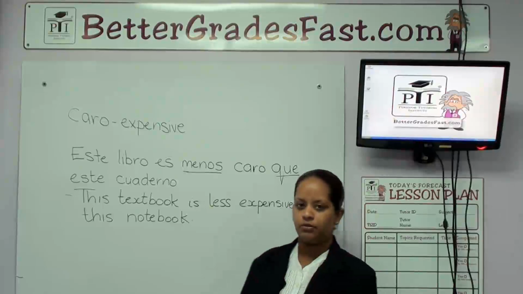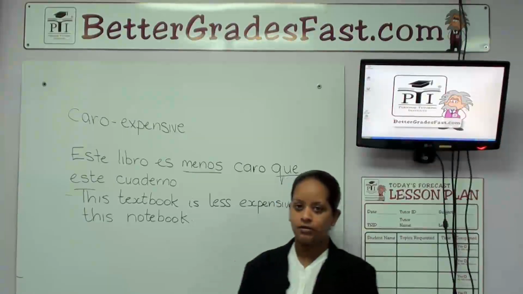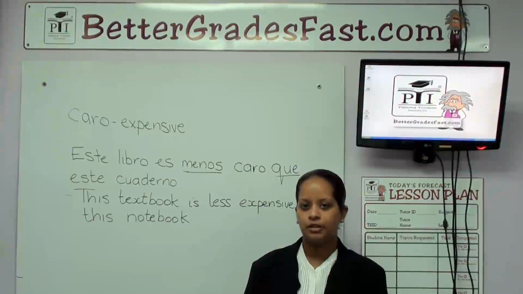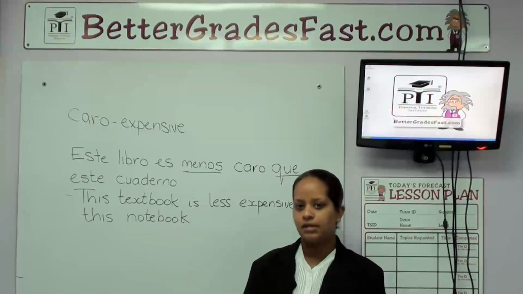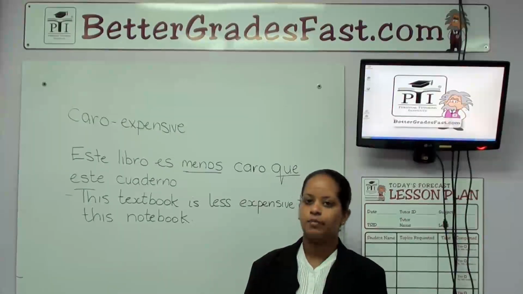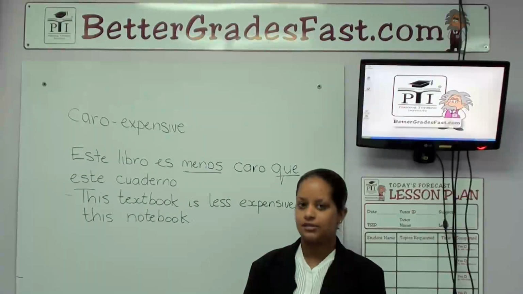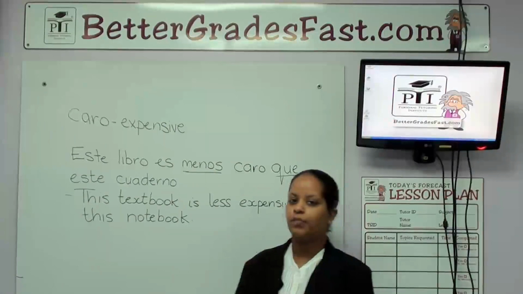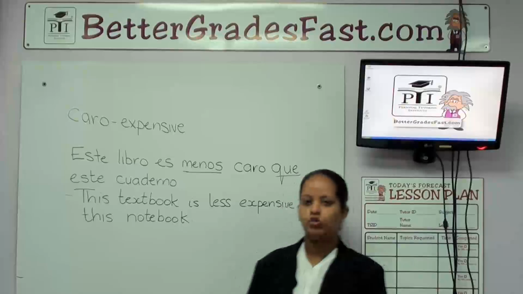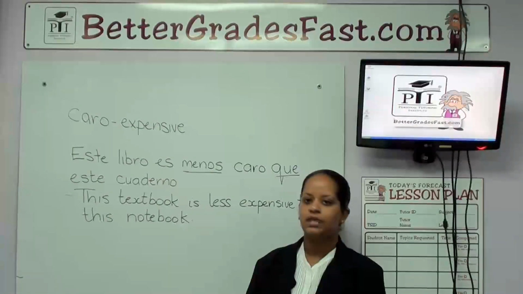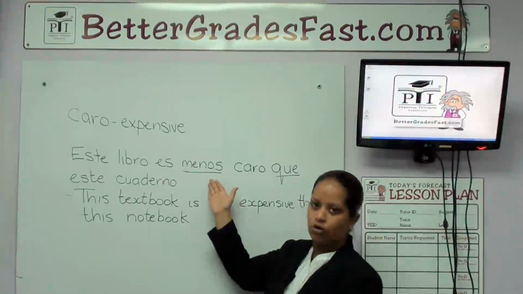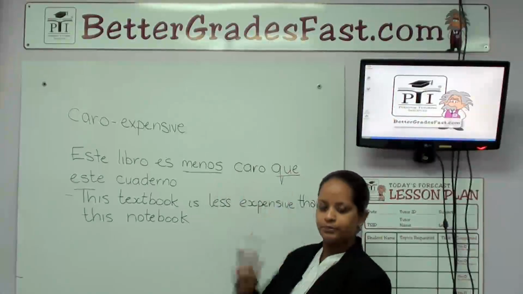Just to recap, más que is the manner in Spanish in which you would say more than. Less than would be translated as menos que. To be able to say these in a sentence, you need to place your adjective in between más que or menos que. As we see here, menos caro que.